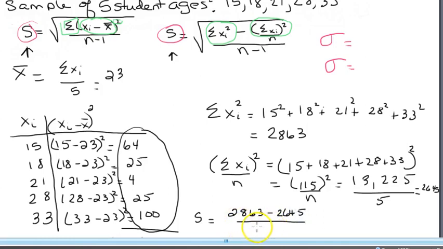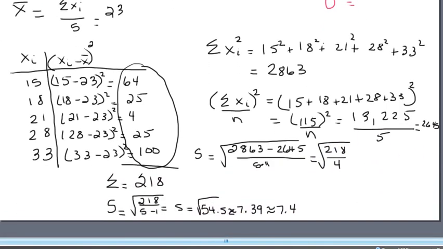I'm going to divide by n minus 1, and then take the square root, which again is going to give me 218 over 4, square root of that, which comes out to, of course, the square root of 54.5, or approximately 7.4. So, numbers come out exactly the same.